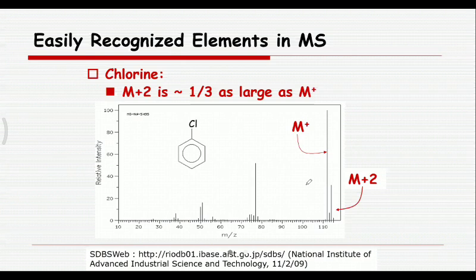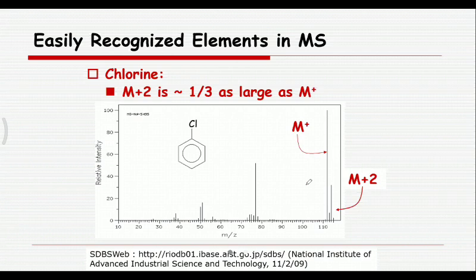When there is a ratio of 3:1 of M plus and M+2 peaks in the mass spectra, we can conclusively say that the molecule contains a chlorine atom. Okay?